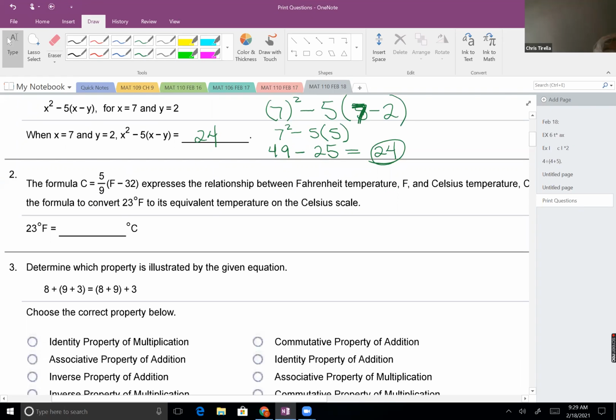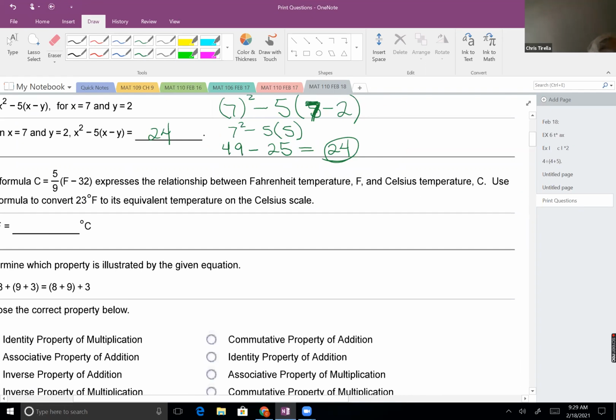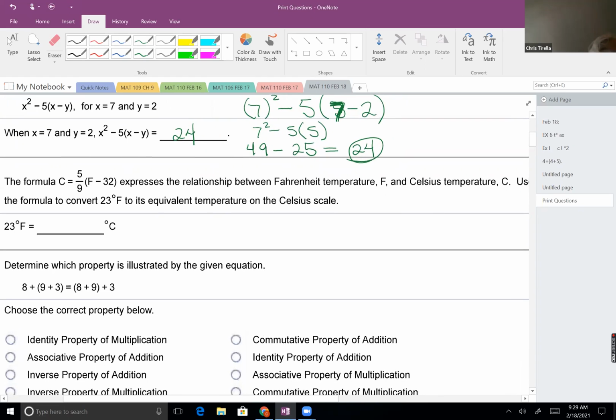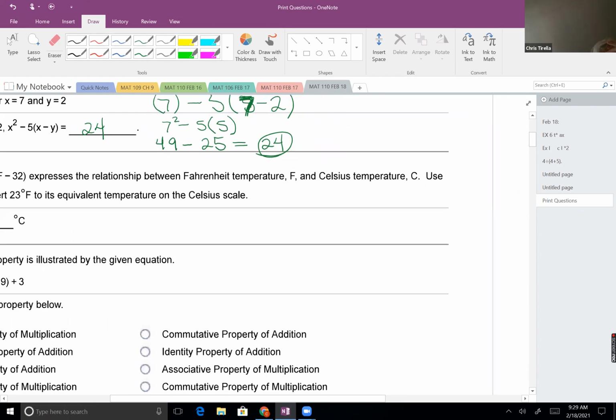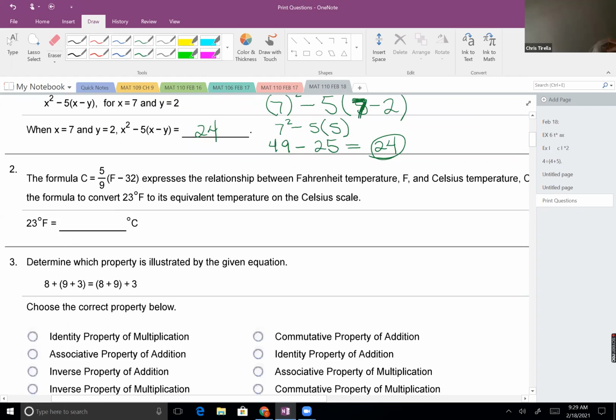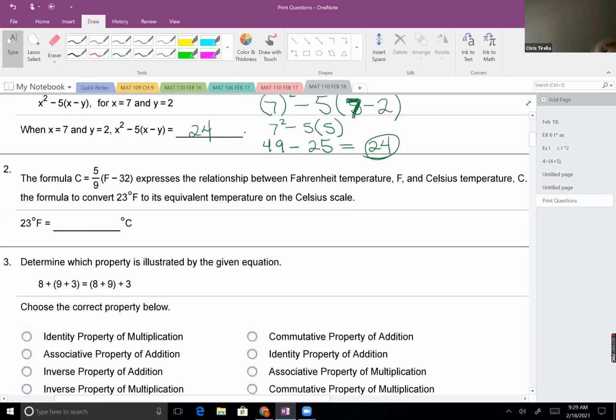Next question is similar. It says the formula C equals 5 ninths times F minus 32 expresses the relationship between Fahrenheit temperature F and Celsius temperature C. Use the formula to convert 23 degrees Fahrenheit to its equivalent temperature on a Celsius scale.